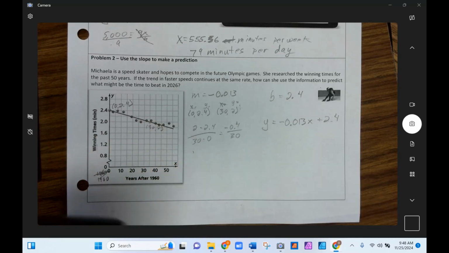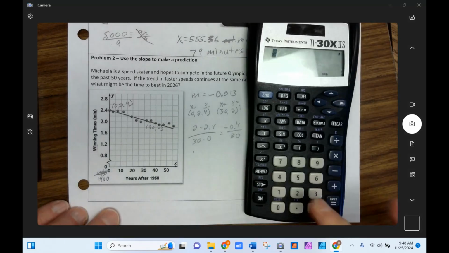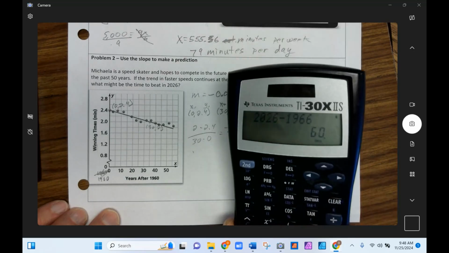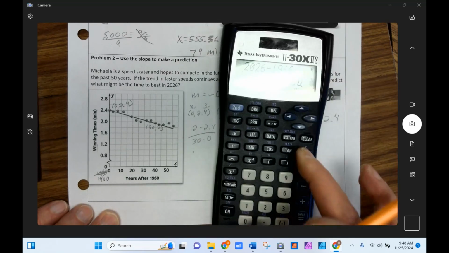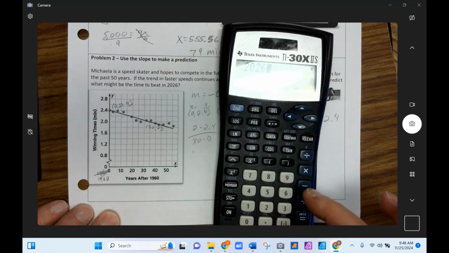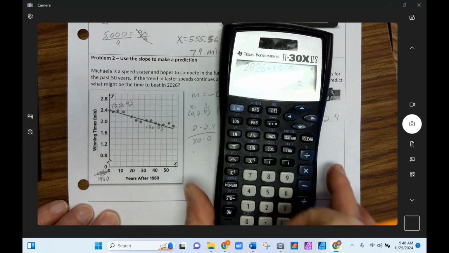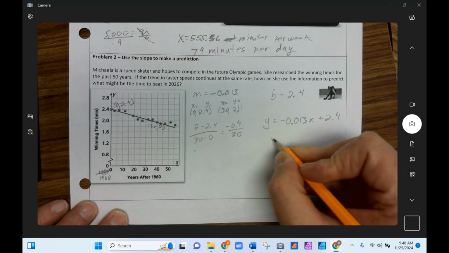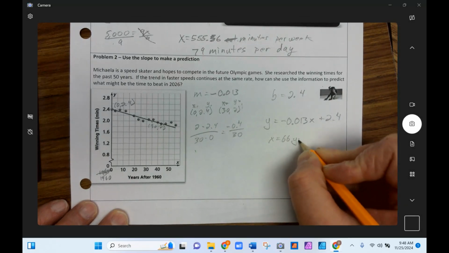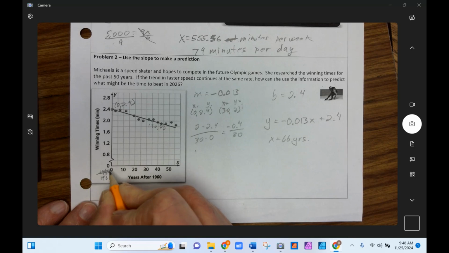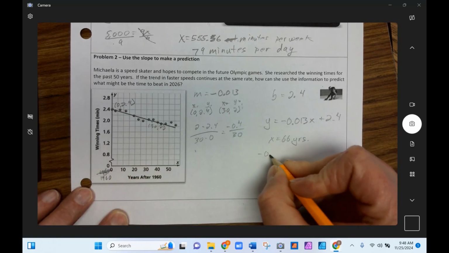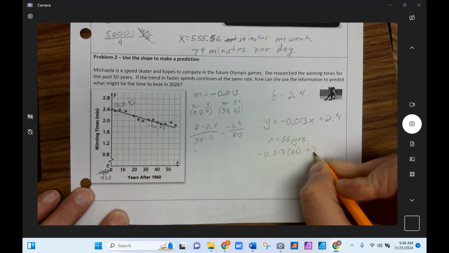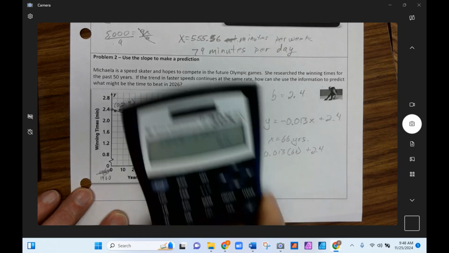So then we'll say 2026 minus 1960 to figure out how many years that is. 2026 minus 1960 gets us to 66 years. Yeah, that's right. So x is 66 years. Okay, because it's basically 66 years after the data started being recorded. So we'll take that negative 0.013 times 66 plus 2.4.